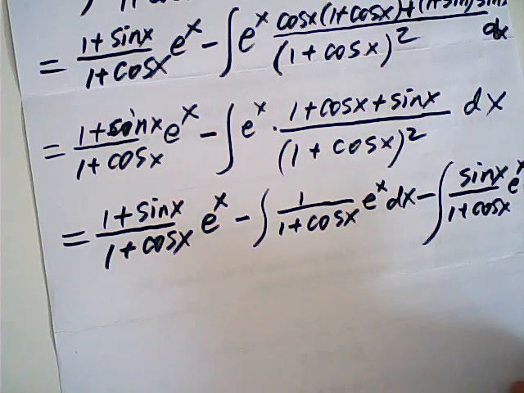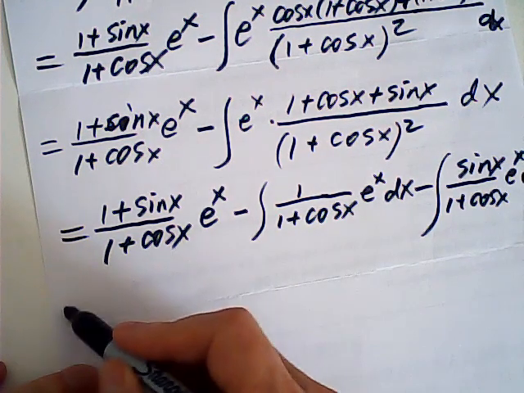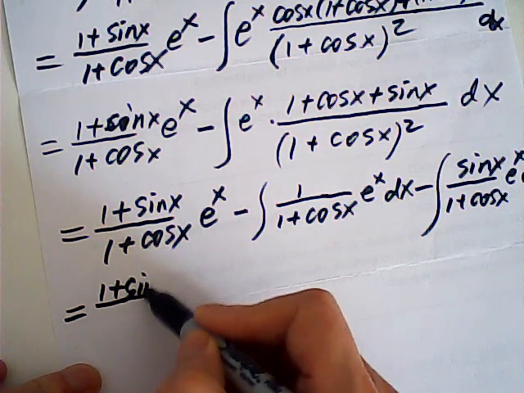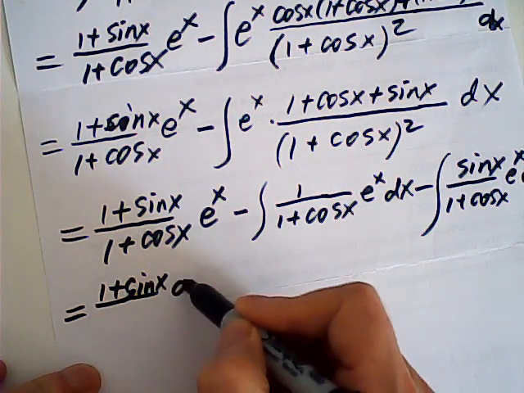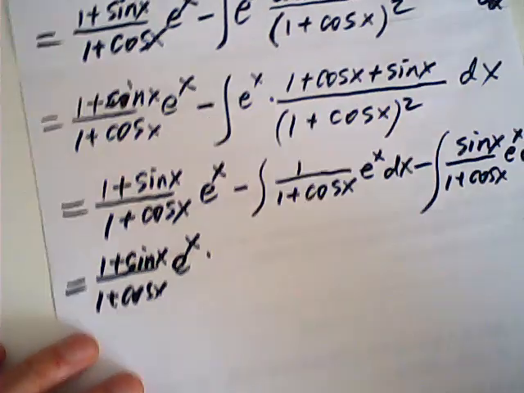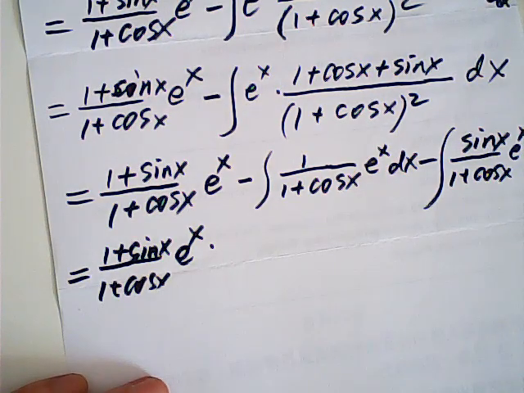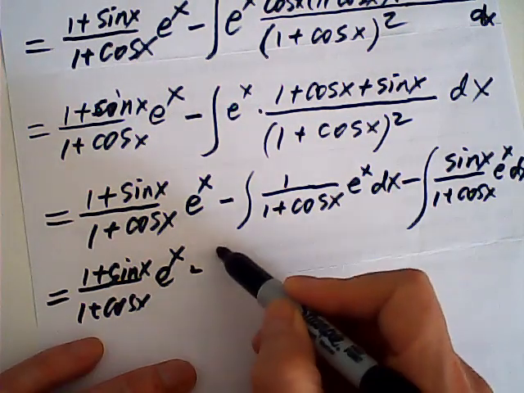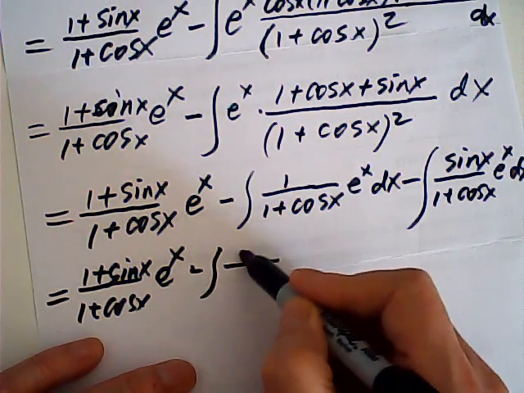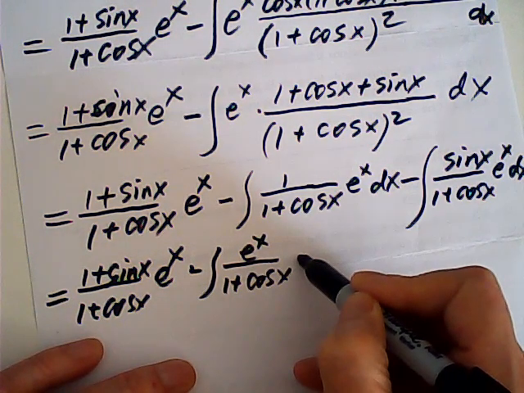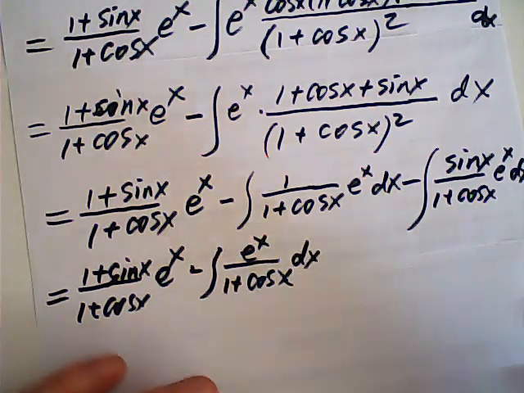Then what? Then (1 plus sine x) e to the x over (1 plus cosine x), minus e to the x over (1 plus cosine x) dx.